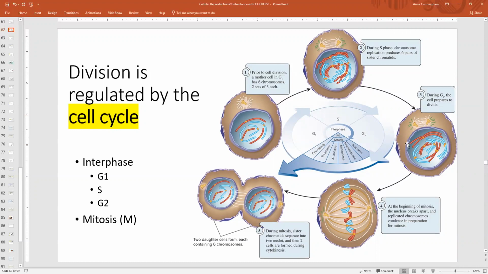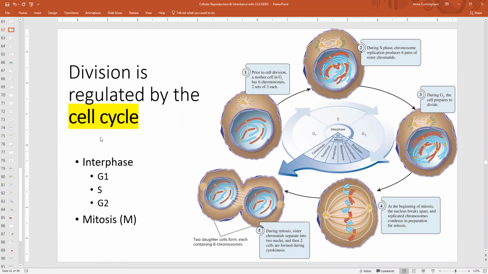And then we have to go from G2 to actual mitosis. During G2, we're large, we have 2 copies of our genetic information, and we are ready to divide. And then when we enter cell division, as you know, that's when we actually divide the cell.